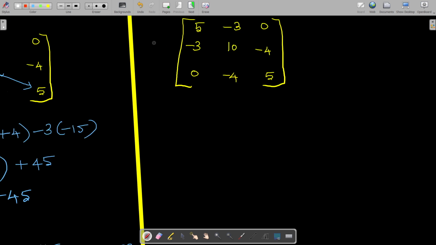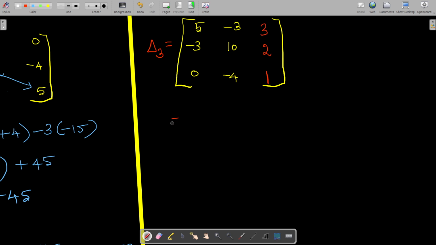So now we are going to find out this del 3. For del 3 we have to replace this third column by the voltage matrix. So it is 3, 2, 1.